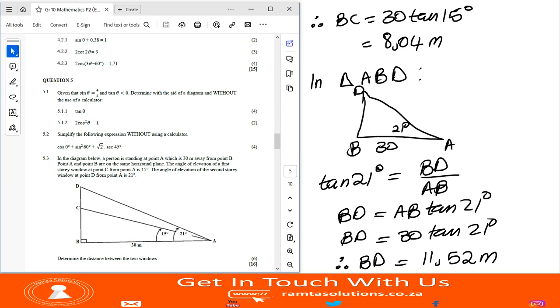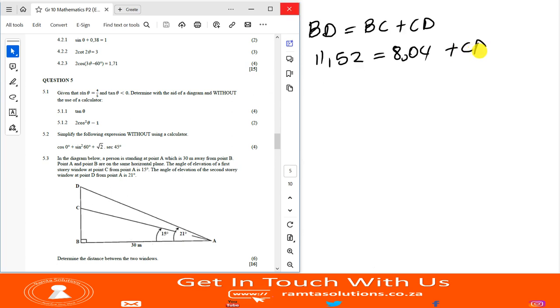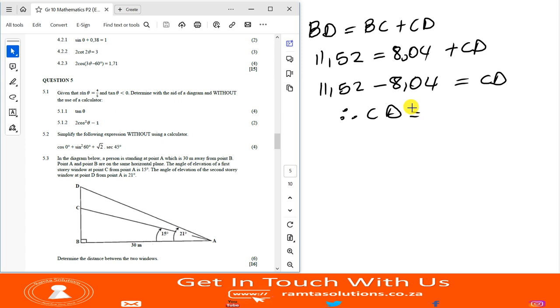So 8.04 plus CD. Therefore, CD is 11.52 minus 8.04. What is our answer? Our answer is 3.48 meters.